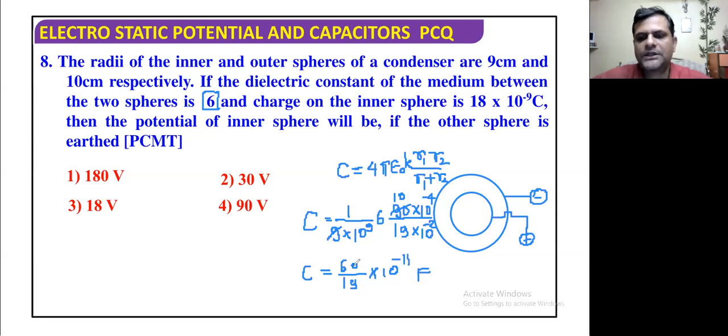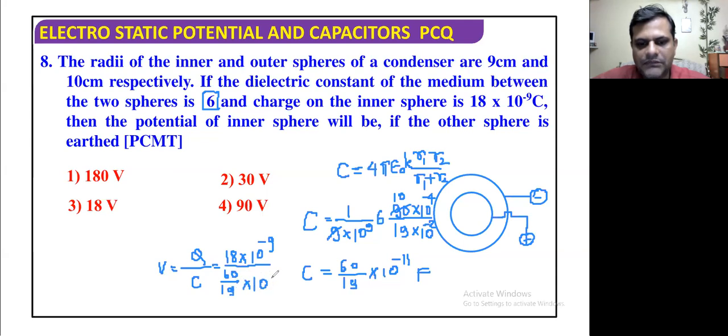Okay, so once we get the capacity, we can get the potential difference also. So the potential difference between the two endpoints will be Q by C, right? Where Q is already given to be 18 into 10 raised to minus 9 coulomb, and that is to be divided by C, where C is 60 upon 19 into 10 raised to minus 11.